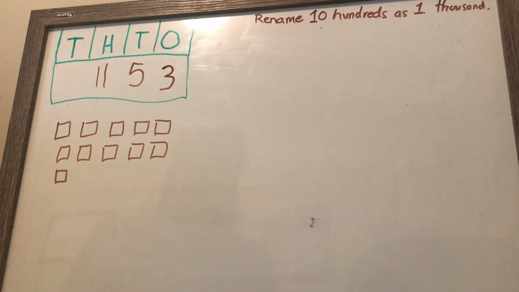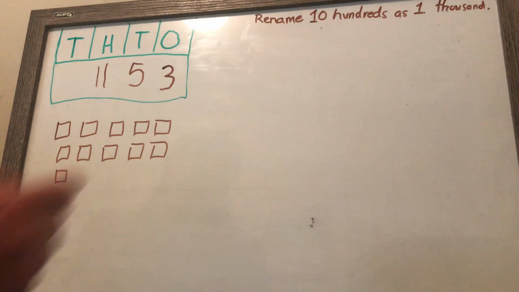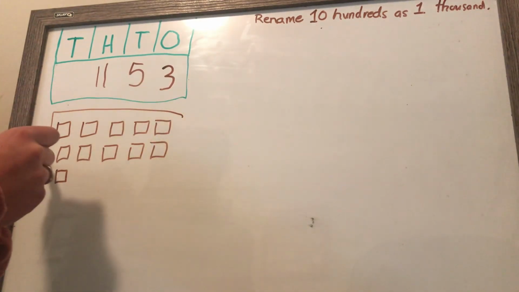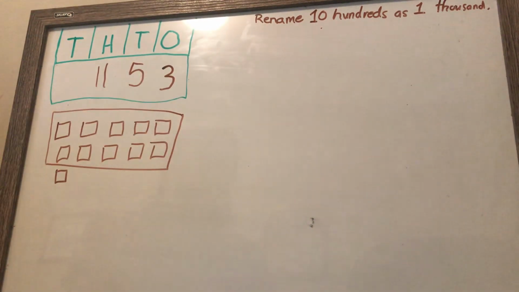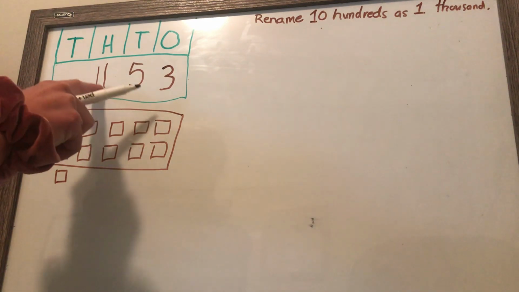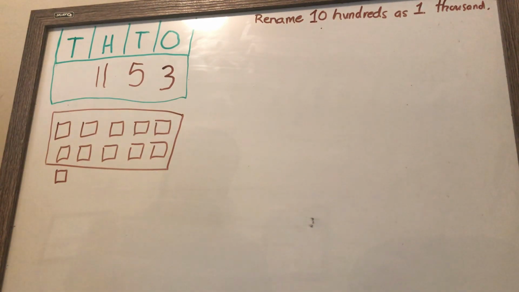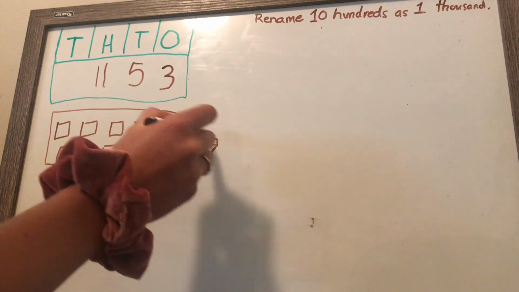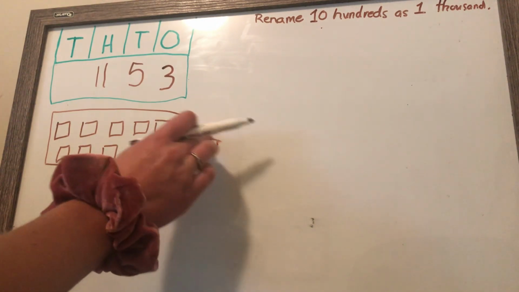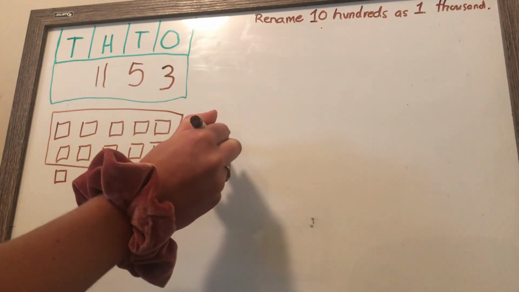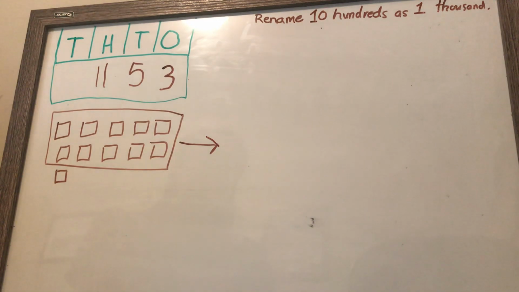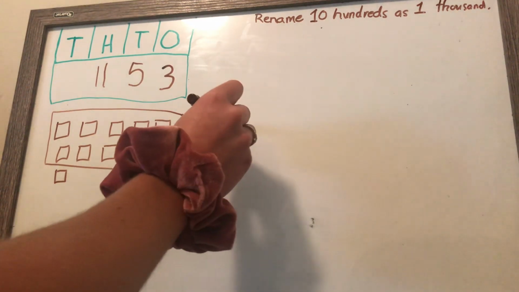We can have up to 9. But remember that if we need to rename, we're going to be borrowing 10 hundreds. So I'm going to circle 10 of these hundreds and take them away from this hundreds place value, and I'm going to change them into 1,000. 10 hundreds is the same thing as 1,000.